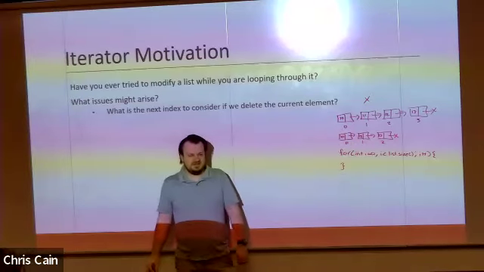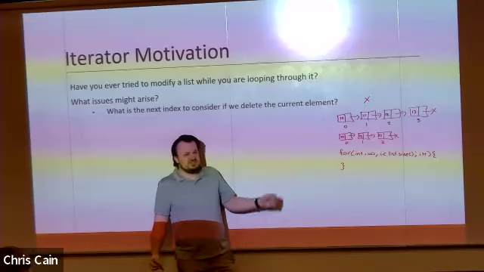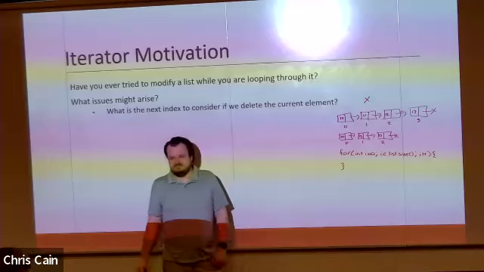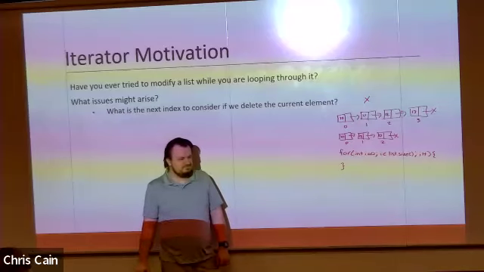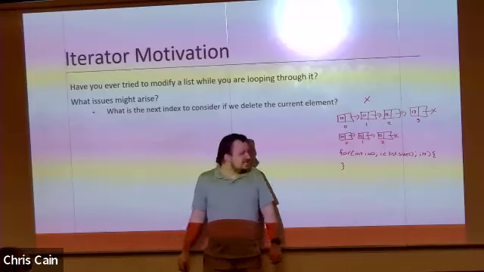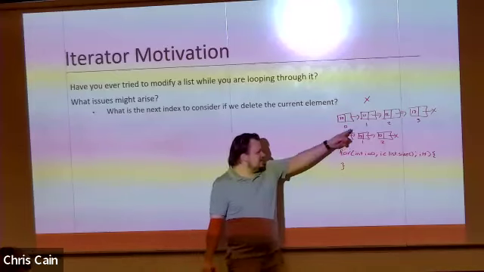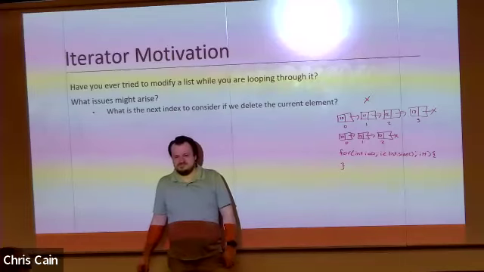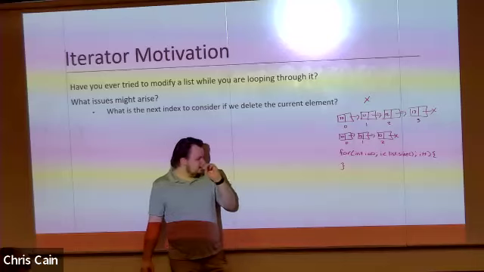Maybe we print out the value, but we have some condition that says if we reach index 1, we're going to delete that. If the current index is 1, delete it. Or if the current value is 11, delete it. We just want to remove all 11s from this list. Any of those would work to show this.